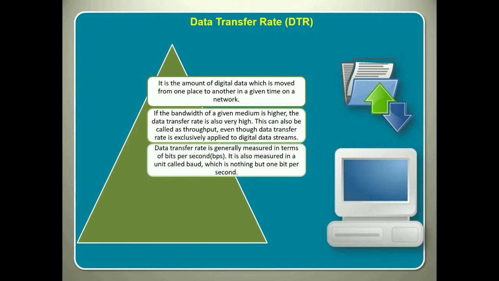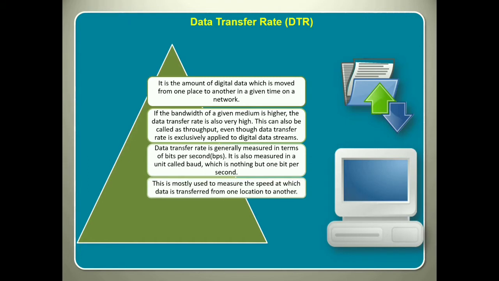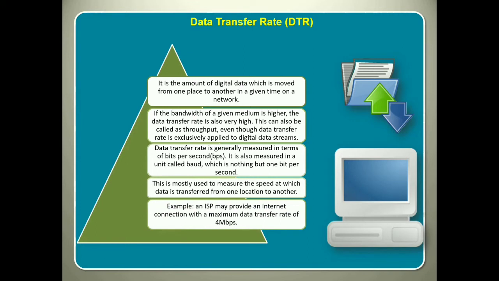Data transfer rate is generally measured in terms of bits per second or BPS. It is also measured in a unit called baud, which is nothing but 1 bit per second. This is mostly used to measure the speed at which data is transferred from one location to another. For example, your ISP may provide you an internet connection with a maximum data transfer rate of 4 Mbps.